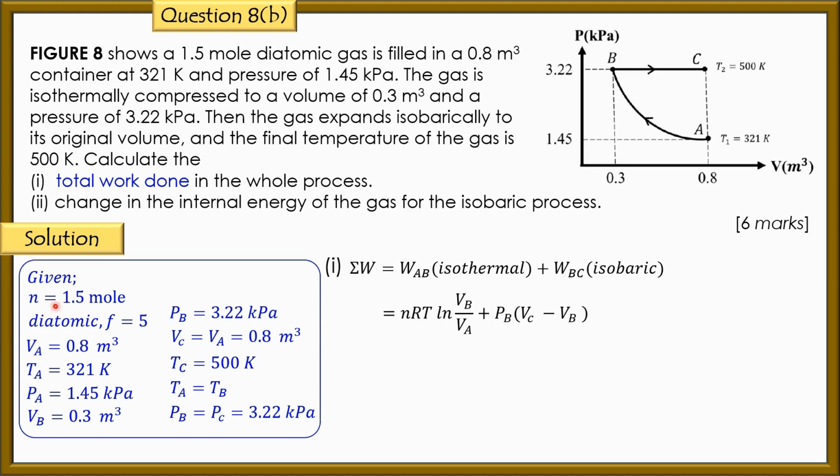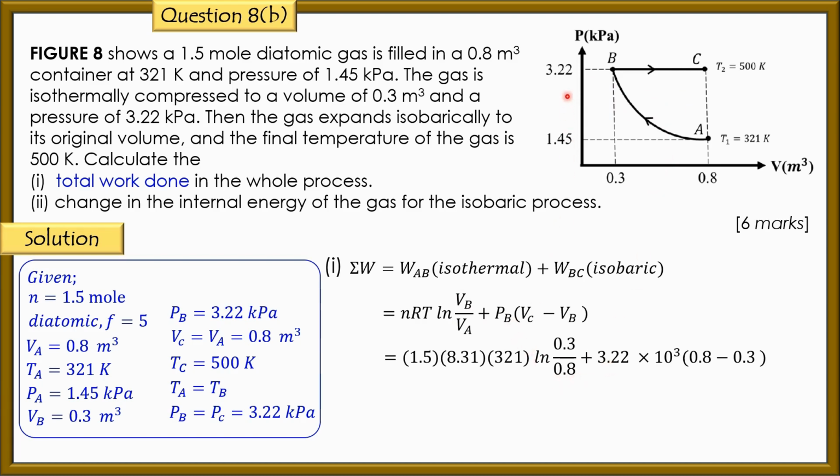If you refer to the given information, it is a lot. My suggestion is that you use the correct subscript to list the information so that it is easier for you to substitute in the equation. When you substitute, be careful with the V final and V initial. Please refer to your figure, and also the pressure.